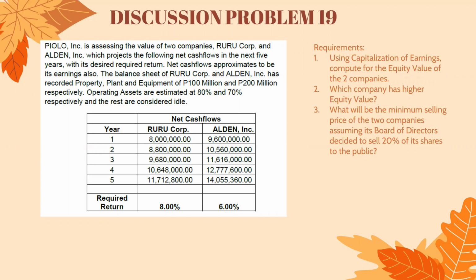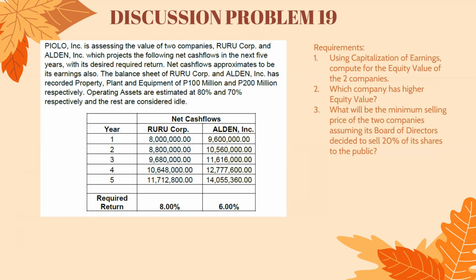Piolo Incorporated is assessing the value of two companies, Ruru Corporation and Alden Incorporated, which project the following net cash flows in the next 5 years with its desired required return. Net cash flows approximate its earnings also. The balance sheet of Ruru Corporation and Alden Incorporated has recorded property, plant, and equipment of 100 million and 200 million respectively.